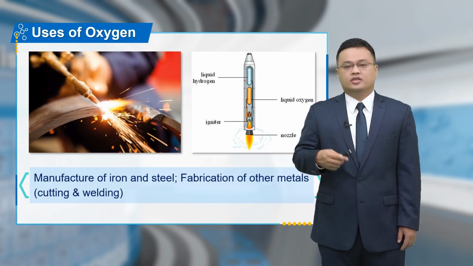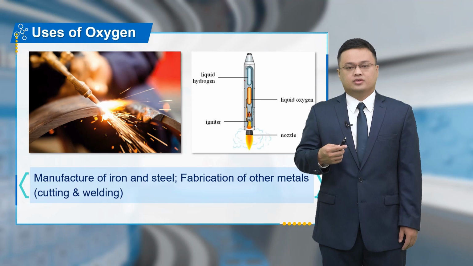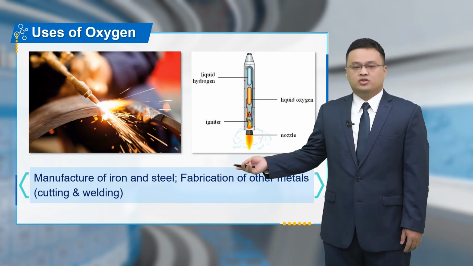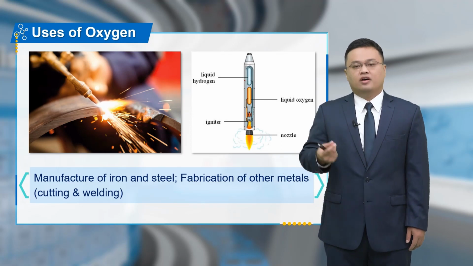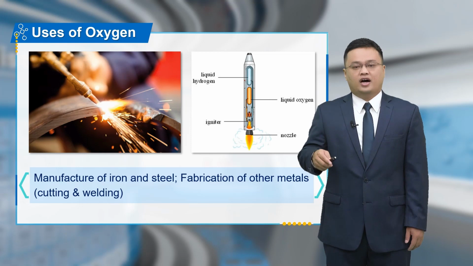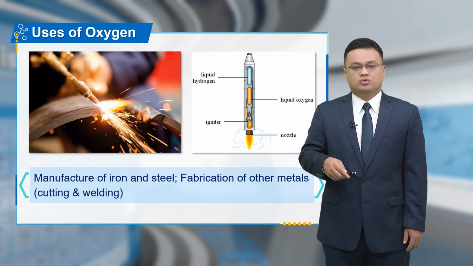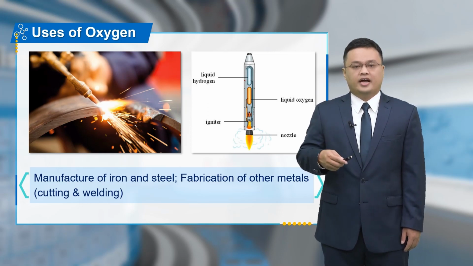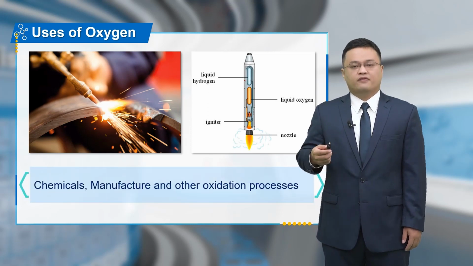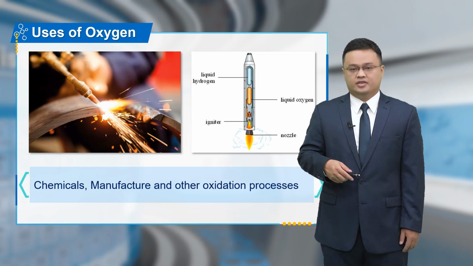Oxygen gases can be used in many fields. Take some examples we are familiar with. When manufacturing and fabrication of irons, steel, and other metals, the fire needs oxygen to tune the temperature for cutting and welding. Oxygen is also a very strong oxidizing agent.